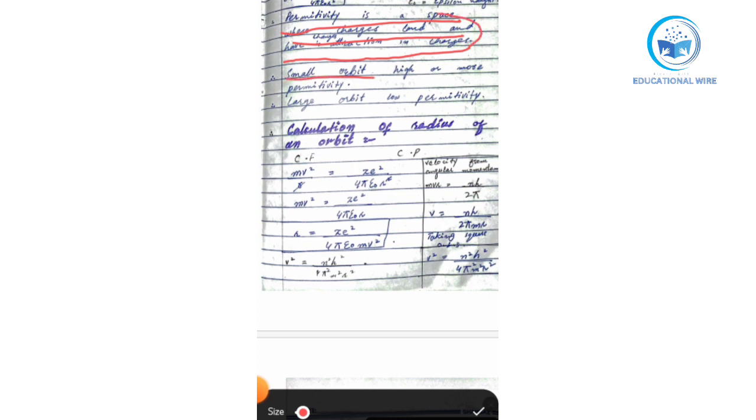A small orbit has high permittivity and a large orbit has low permittivity. There is opposition in both. As I told you, permittivity is a charge space where charges land and have changes in attraction in charges.